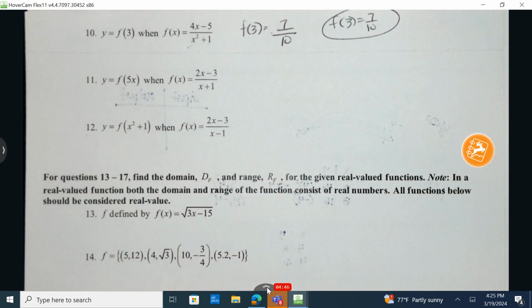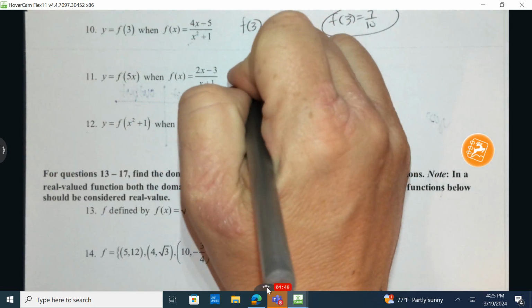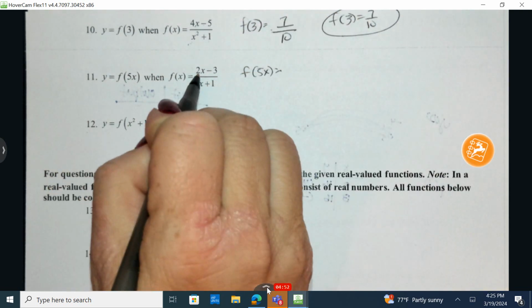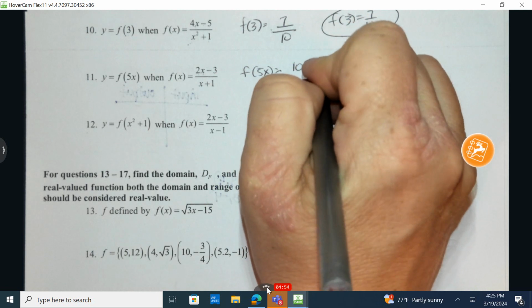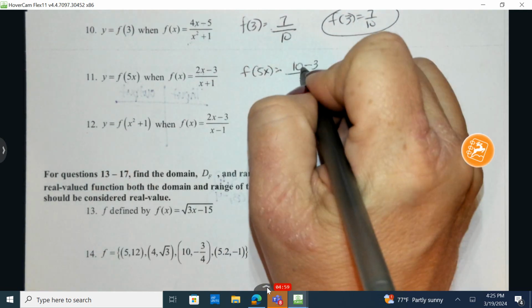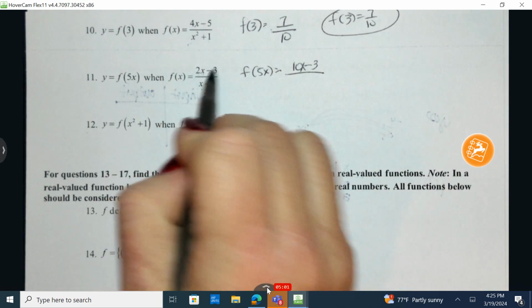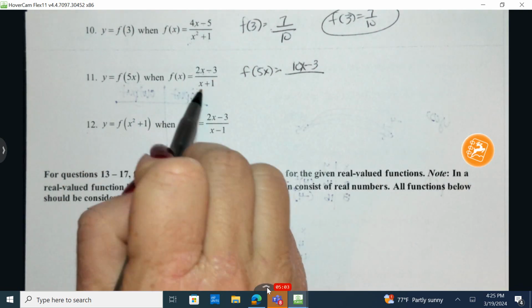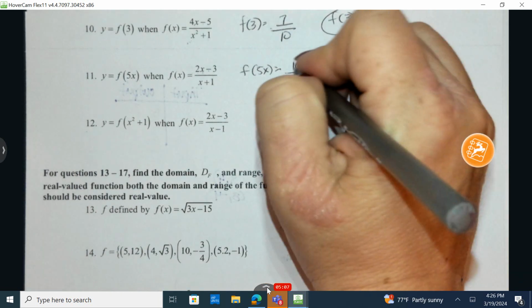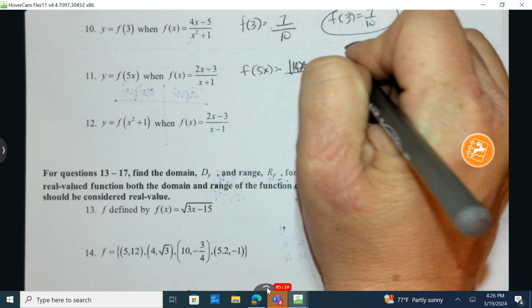Now I have a 5x. So it's not just a 5, it's a 5x. So f of 5x equals, 5x times 2 would be 10x minus 3. And then on the bottom I have 5x. I should probably actually show my work a little better for those who may be struggling here with this problem.